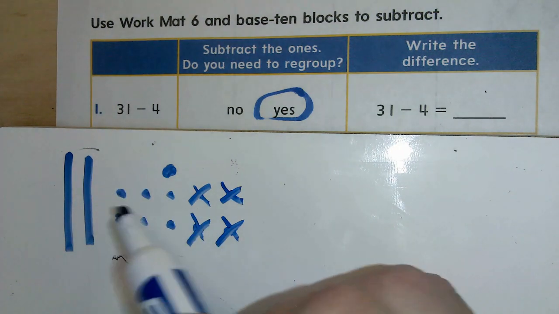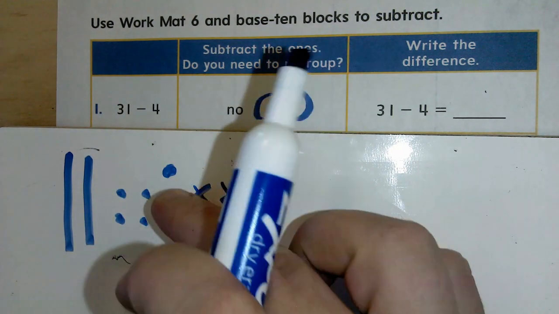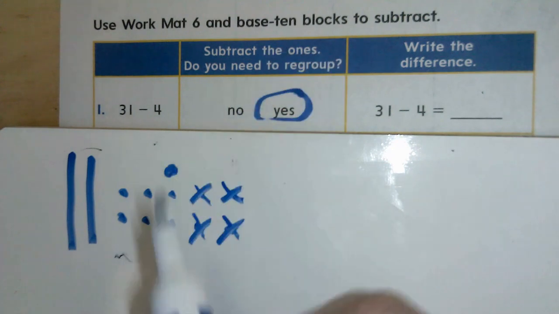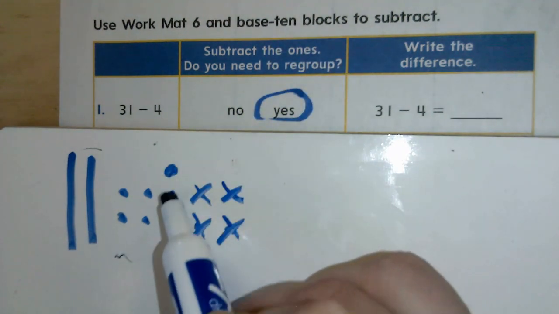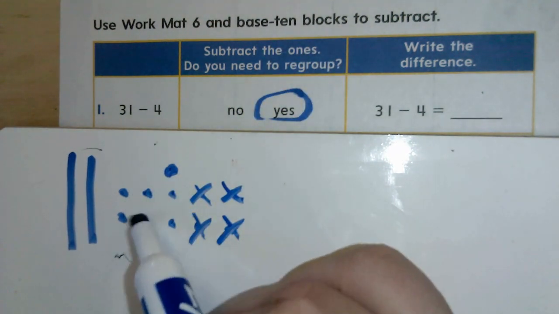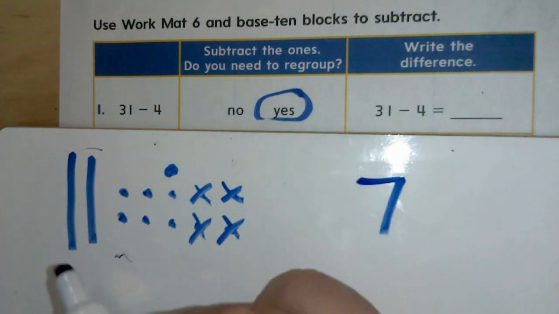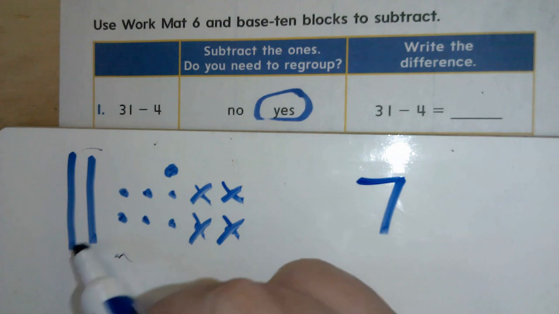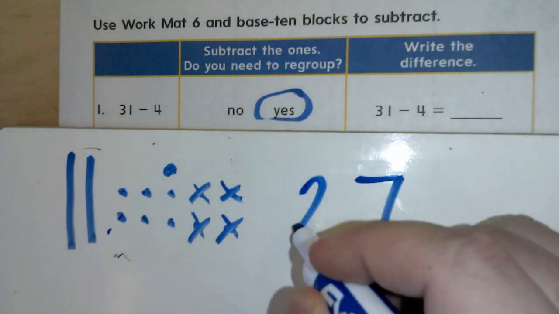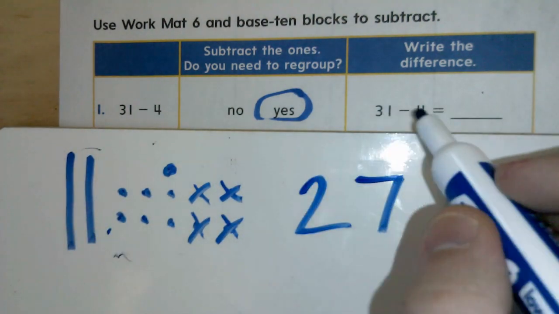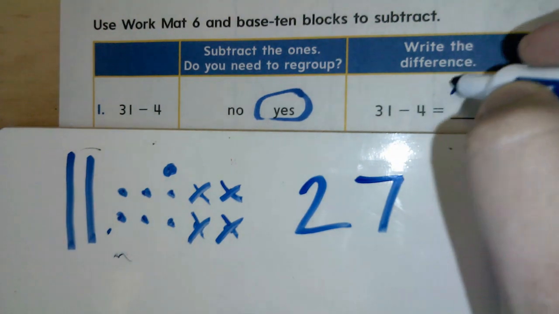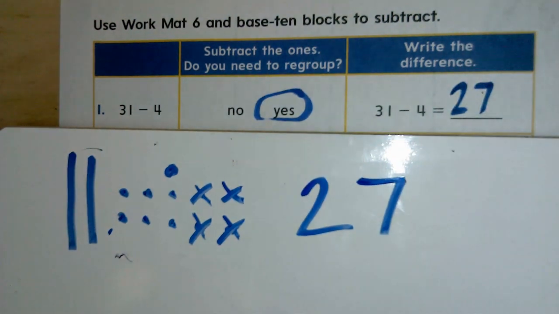I regrouped one of my 10s into 10 1s. And now I can count up how many 1s I have left. Well, I've got 1, 2, 3, 4, 5, 6, 7. So in my 1s place is going to be a 7. And how many 10s do I have? 1, 2. So 27. 31 minus 4 equals 27.